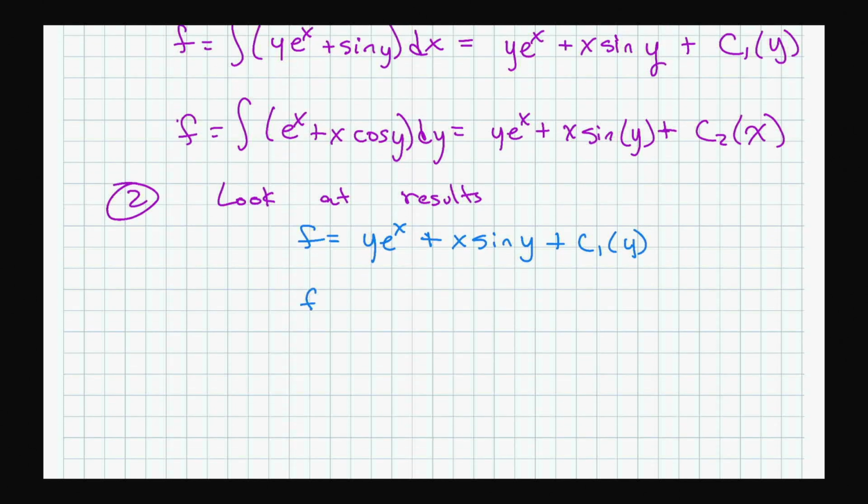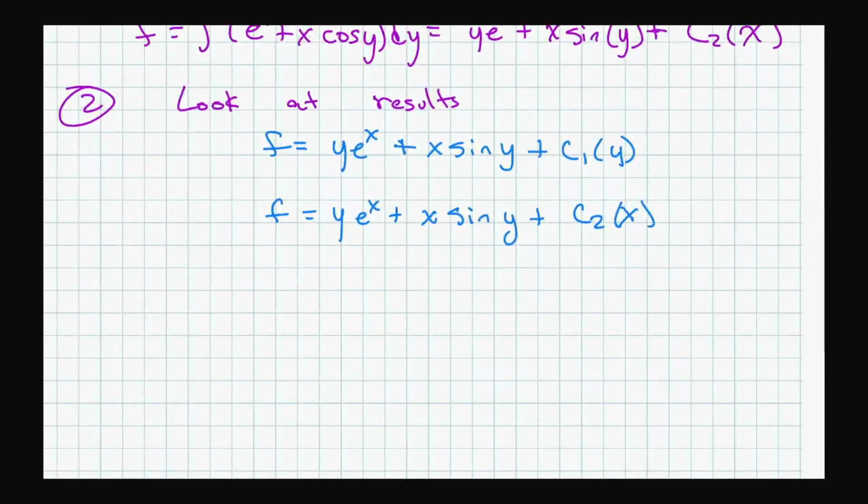And the other one is y e to the x plus x sine y plus c2 of x. And this time, everything's good when you try to combine them into one f if they're consistent.